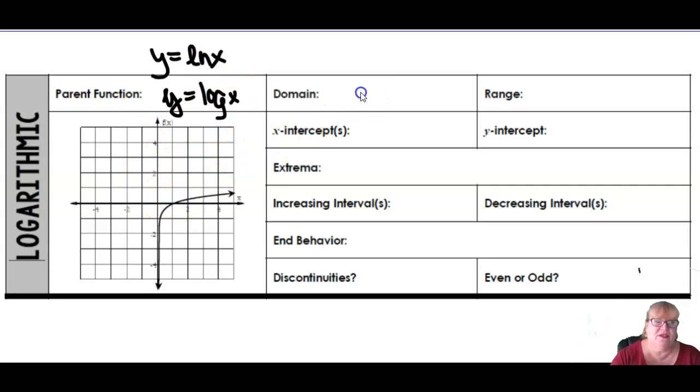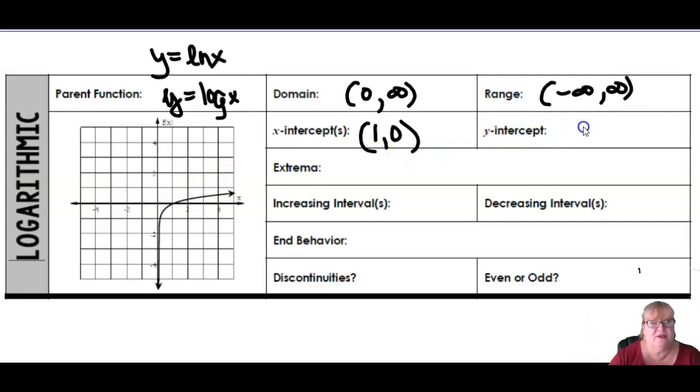We'll get there eventually. Just to review, it's all to the right of the y-axis, so it has a domain of positive numbers. The range is actually all real numbers. It crosses the x-axis at (1, 0), because it's the inverse, remember, of the one we did a minute ago. The y-intercept is none.